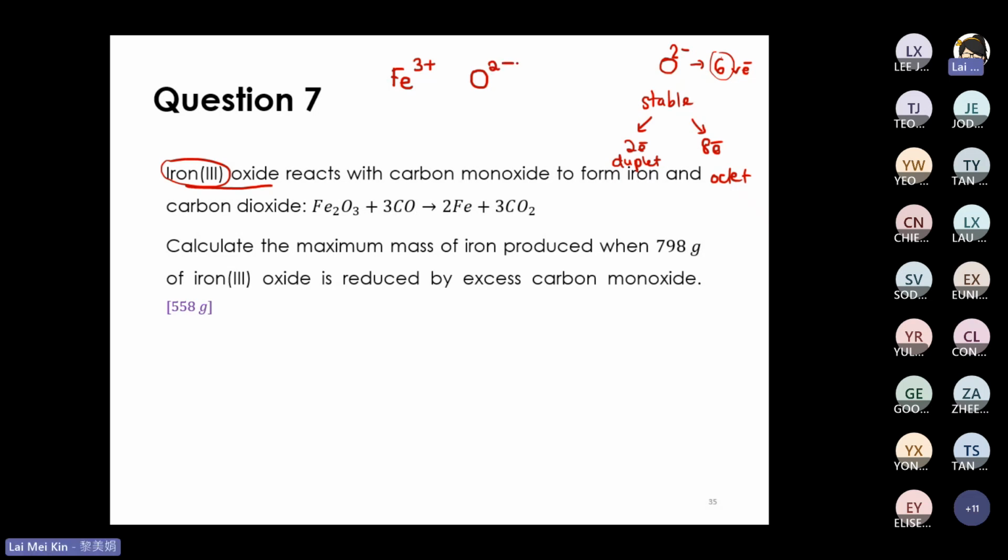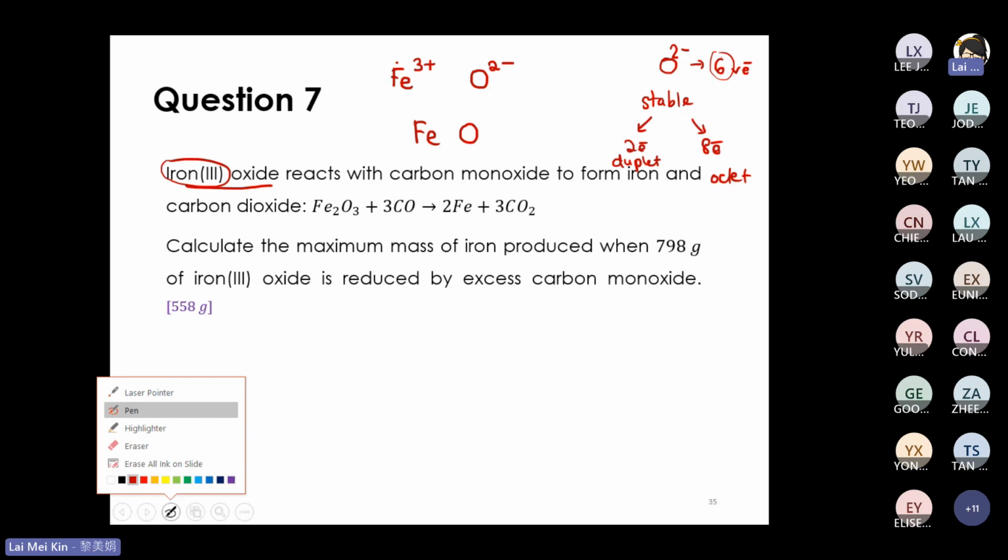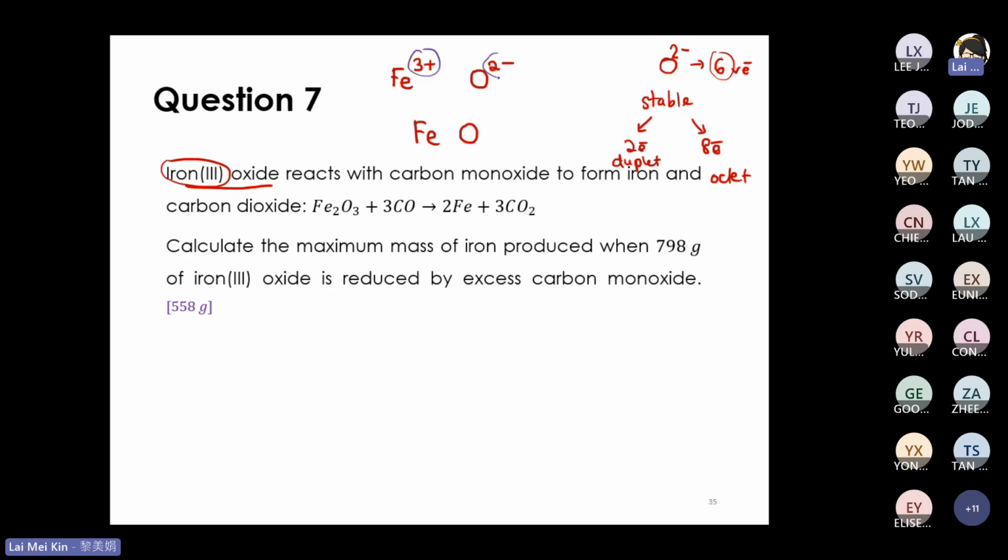Remember yesterday I taught you how to write chemical formulas? So what do you think is the chemical formula of this? When you have the charges already, what do you do to the charge? Cross. Iron has 3, so the 3 will go to oxygen.